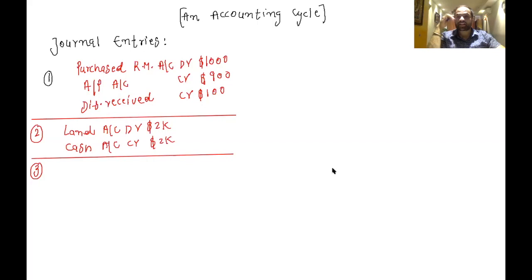You said liability is credit. Which liability? Outstanding expense. Yes, outstanding which expense? Dividend expense. Yes, so dividend expense debit because it's an expense and we haven't paid it, it's outstanding. That's why outstanding dividend credit, right?